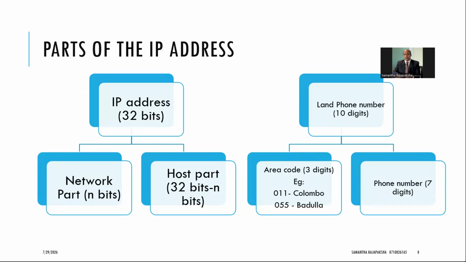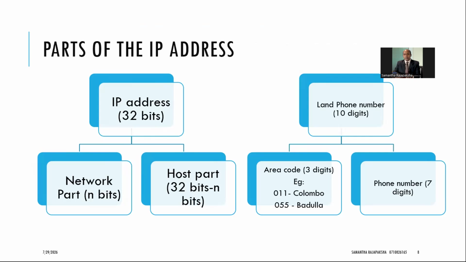As you know, in telephone numbers, when the number starts with 0112, we know it's a Colombo area. 055, it's a Badulla area. Like you can see, each area you can identify by the first part, the first three digits. Others identify each telephone within the given city. Similarly, in an IP address the first part is used to identify each network.